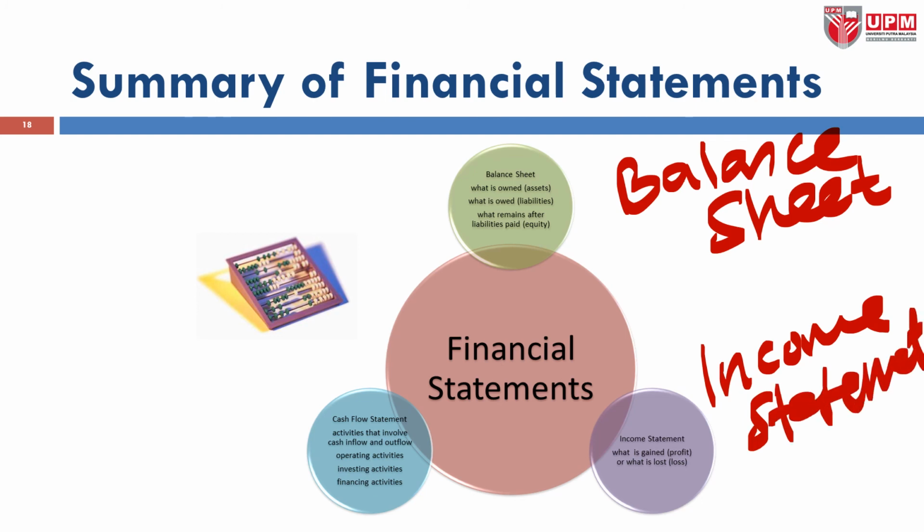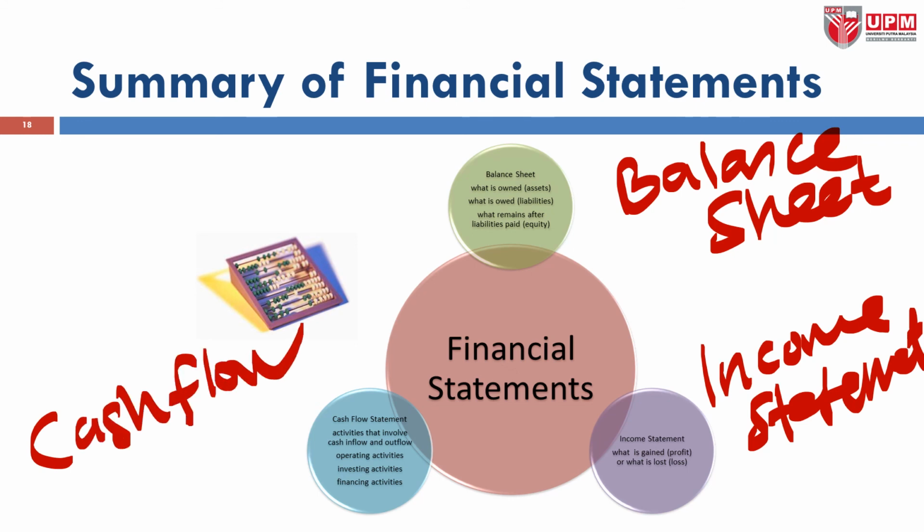And finally, we look at the cash flow statement. So that's all for the topic on financial statements. It actually gives you an overview or a glance of the aspect of the financial statements.